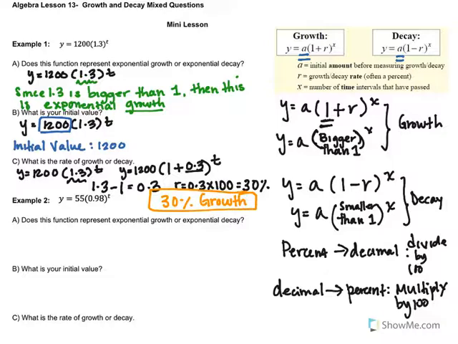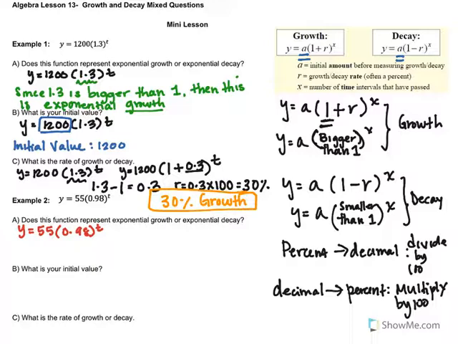So now, let's look at another example. In this example, we have y equals 55 times 0.98 to the t. And again, they're asking me, is this an exponential growth or decay?